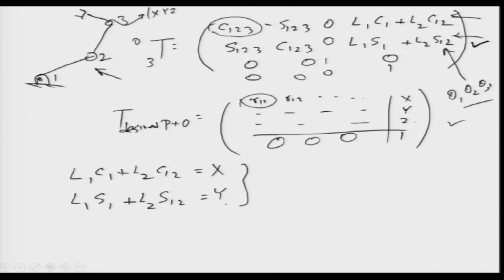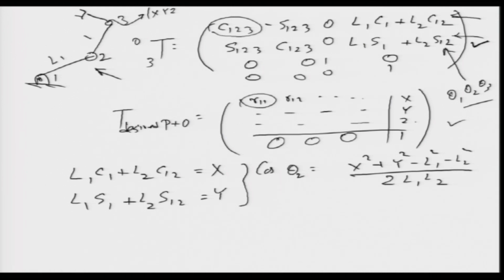Then we square and add, and essentially I can find cos theta 2 is equal to x squared plus y squared minus L 1 squared minus L 2 squared divided by twice L 1 L 2. So, L 1 L 2 are the link lengths, this is angle theta 1, this is angle theta 2 and that is angle theta 3.